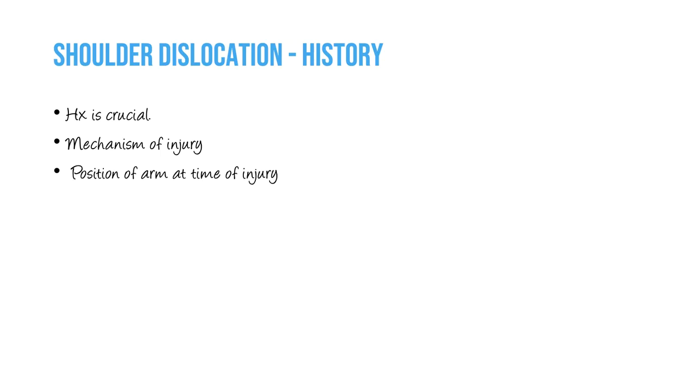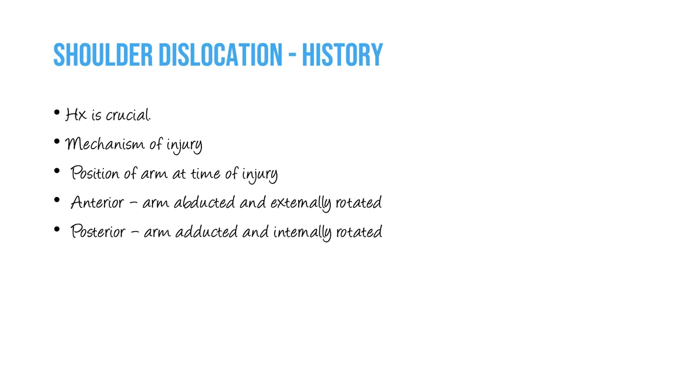Position of the arm at the time of injury is very important. That would basically explain the anterior and the posterior dislocation. The position of the arm when the force acts on the shoulder is how you can determine whether the dislocation will result in an anterior or a posterior dislocation of the humeral head. In an anterior dislocation, the arm is abducted, meaning away from the body, and externally rotated.